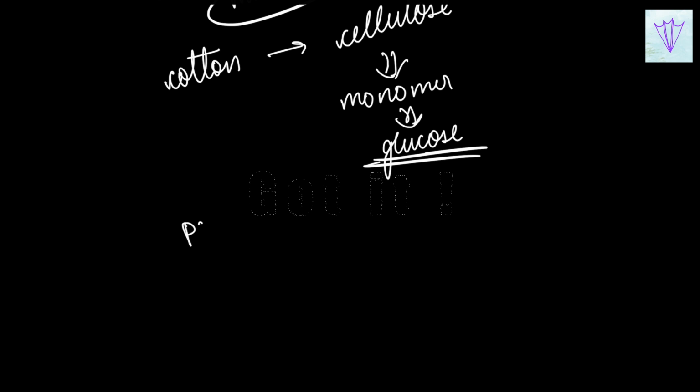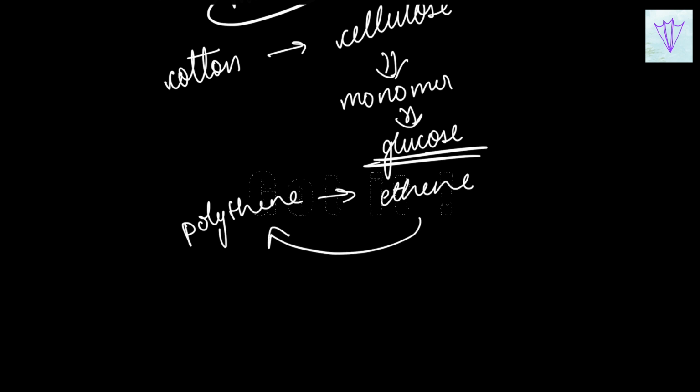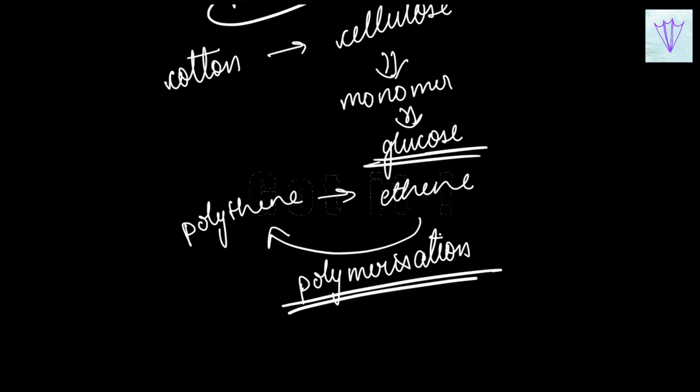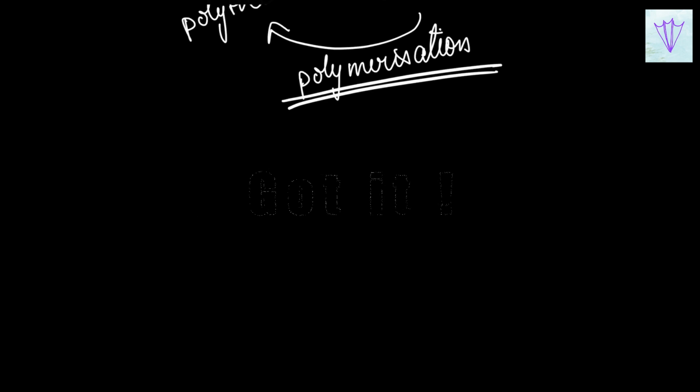Next, polythene is a polymer of ethene. The chemical process by which the simple molecules or the monomers are transformed into a polymer is known as polymerization.